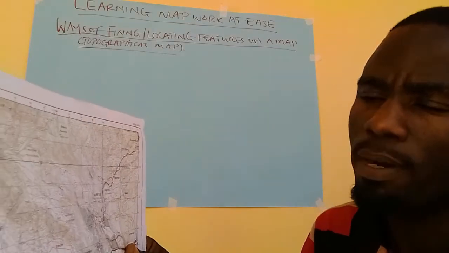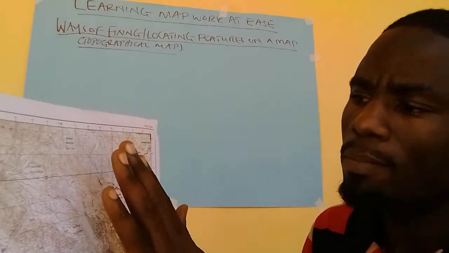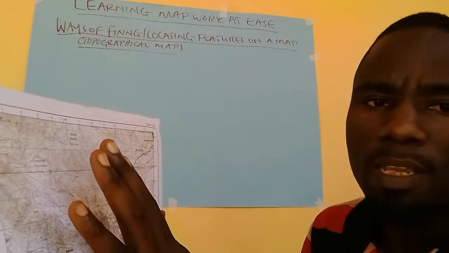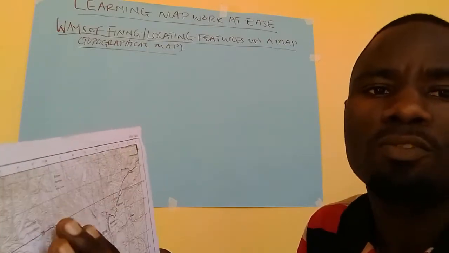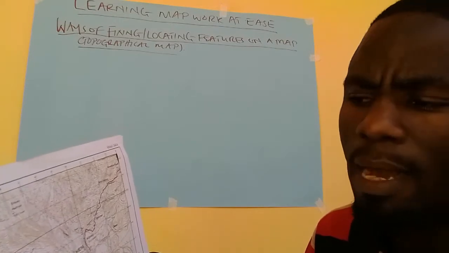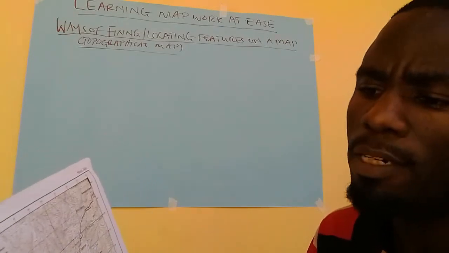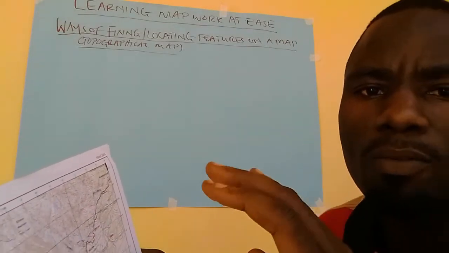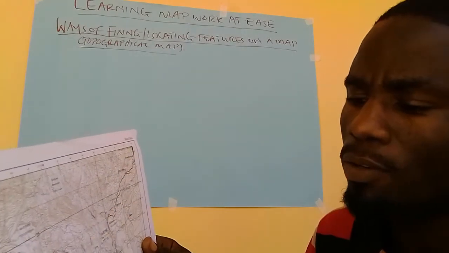Yet map work is practical, of which the examiner expects to see a student using practical knowledge, answering practically from the map, not giving answers based on what you studied in theoretical geography.